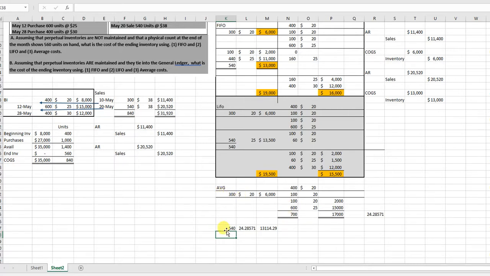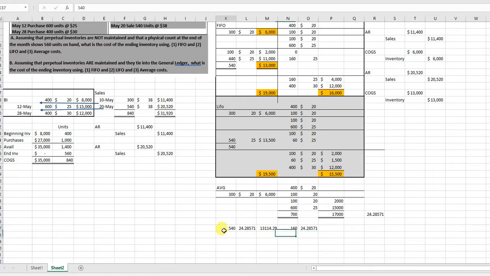So then of the 700, I sold 540, and I have 160 left. Notice under all methods, I have sold 540, have a total of 160 left. It's just the cost of those 160 and the cost of the 540 that differs. Okay, and that average cost is $24.28. Again, don't sweat the rounding.